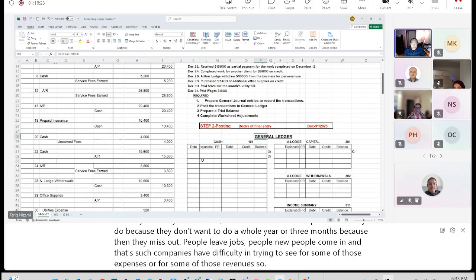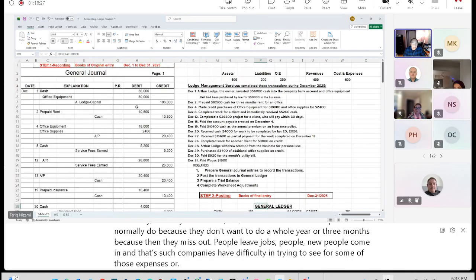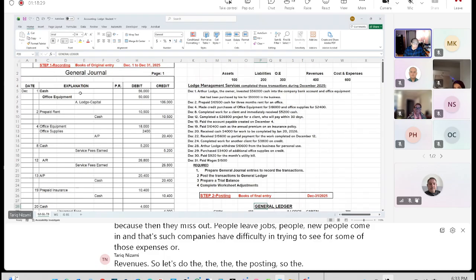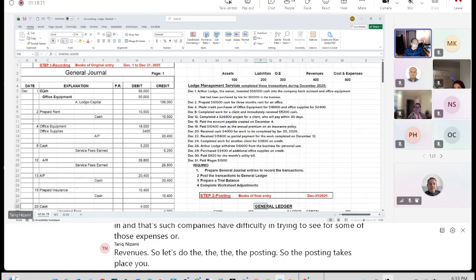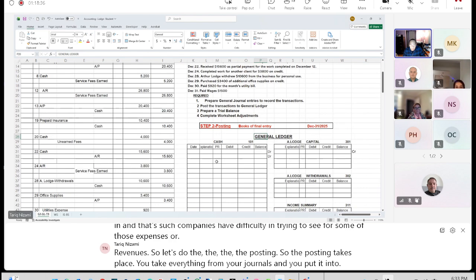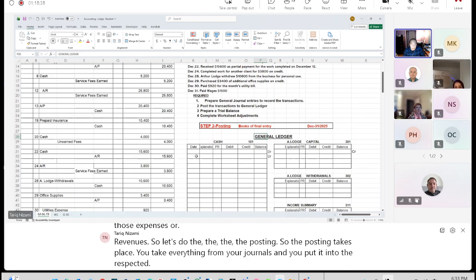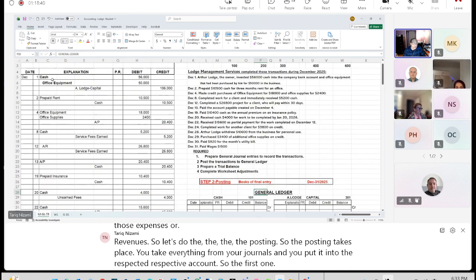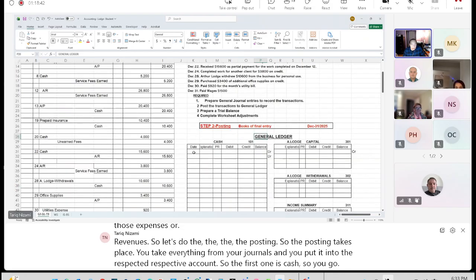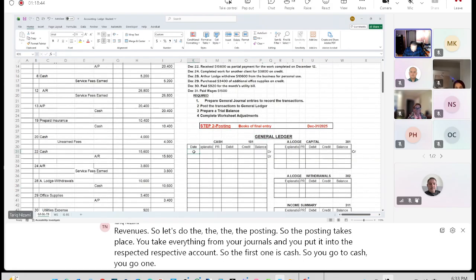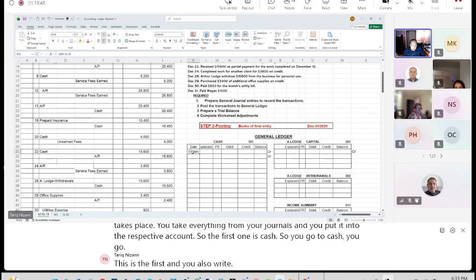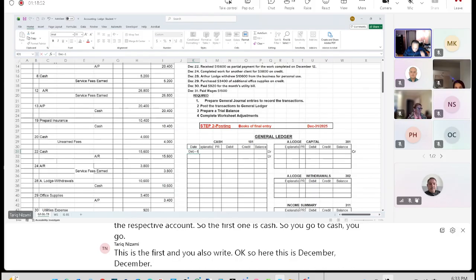So let's do the posting. So the posting takes place. You take everything from your journals and you put it into the respective account. So the first one is cash. So you go to cash, you go 1. This is the first. And you also write, okay, so here this is December 1.